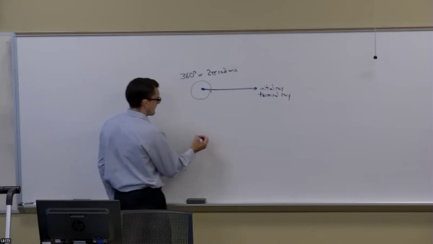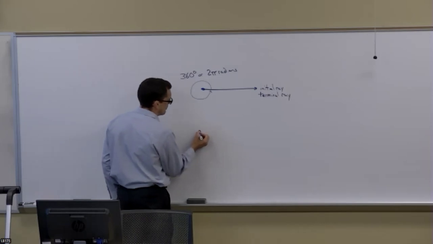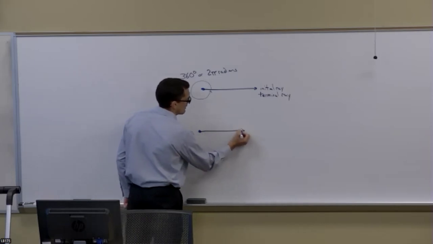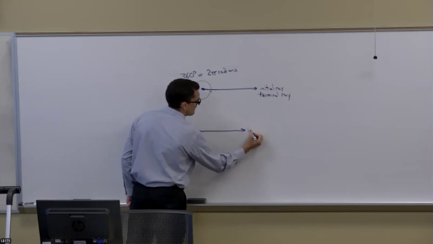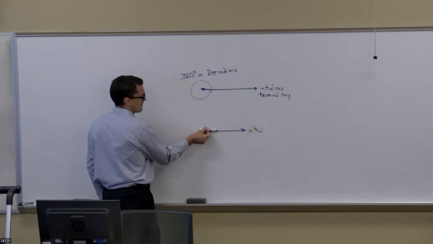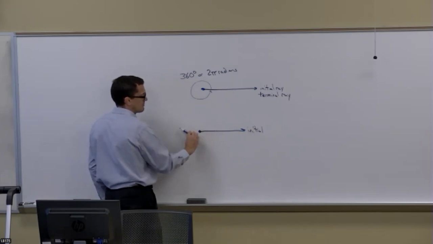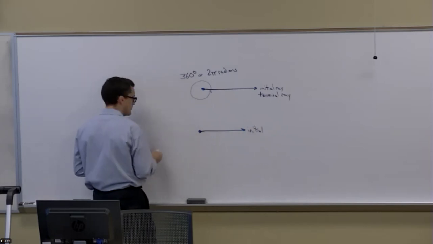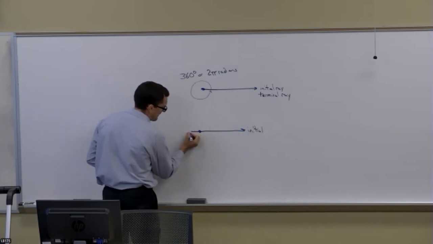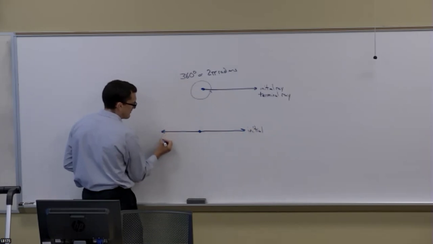By the way, this means that any partial measurement, like if my initial ray is there, and I go on half of a circle, so my terminal ray goes out on the exact same line.